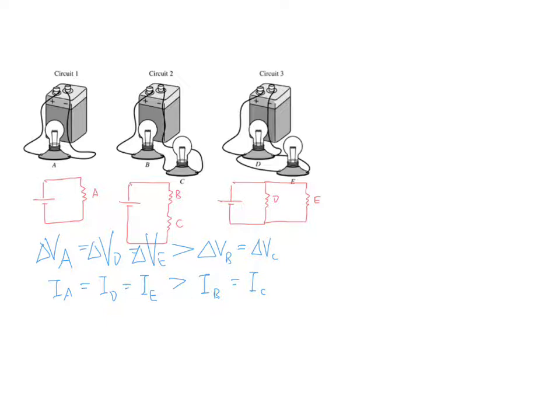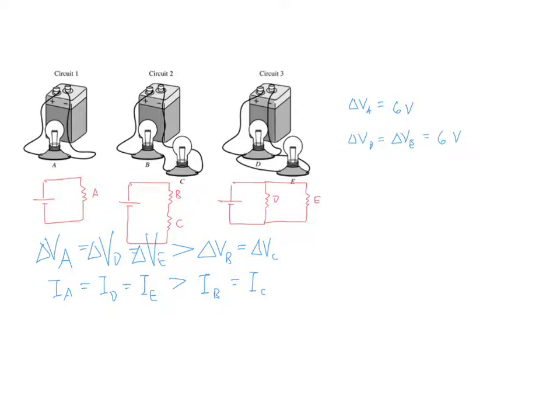Okay, in part D, we just want to calculate the numerical values of the current through each light bulb and the potential difference across each light bulb. This is a pretty simple one to do without even drawing or setting up the VIR chart that I taught you before spring break. You can say the potential difference across A has to be the same as the battery, 6 volts. And we said that's also going to be the case for circuit 3, that the potential difference across D and across E would be the same as the battery, the 6 volts.